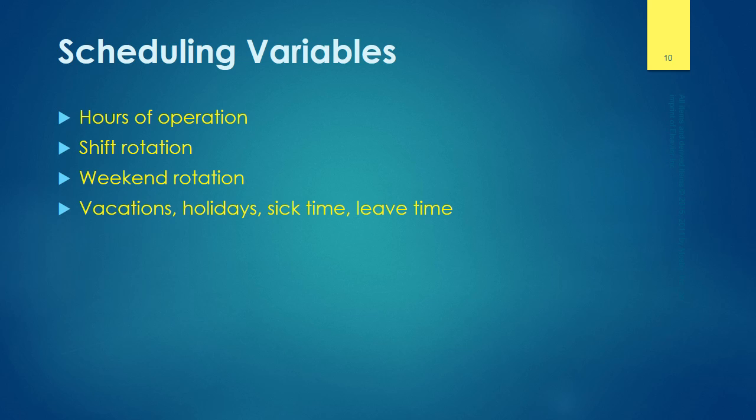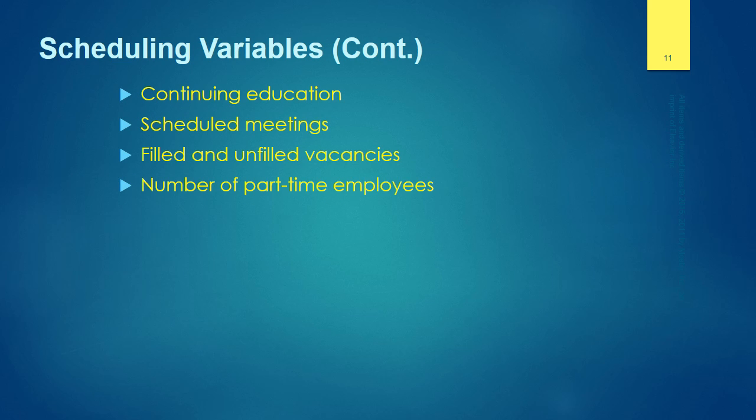Scheduling variables to be considered include hours of operation, shift rotation, weekend rotation, as well as vacations, holidays, sick time, and leave time. Other scheduling variables include continuing education, scheduled meetings, filled and unfilled vacancies, as well as number of part-time employees.